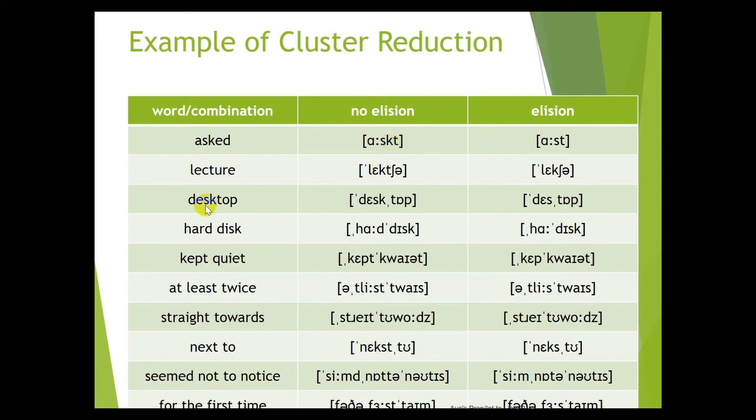Or for example, the word 'desktop'. In our pronunciation, we say 'destop'. The k is dropped, the k is elided. 'Hard disk': we omit one d, and it becomes 'har disk'.